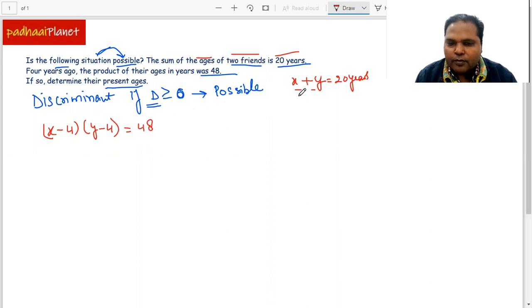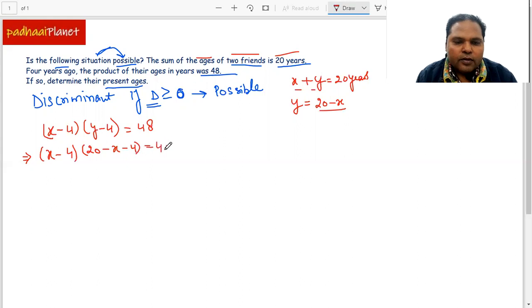Now from here, we'll take the value of y. So y is equal to 20 minus x, and let's put this value in this equation. So we have (x minus 4) brackets, and instead of y we put (20 minus x minus 4), all of it equal to 48.